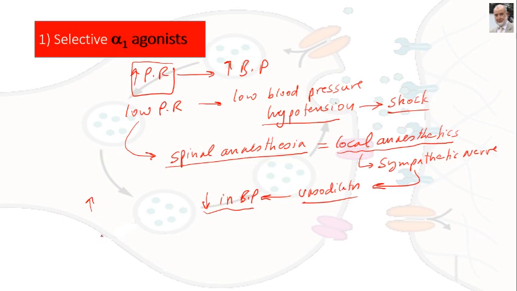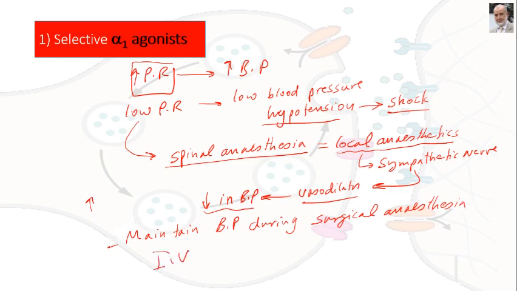Also, they are used to maintain blood pressure during certain surgical anesthesia. Of course, these are intraoperative, and usually they are used by intravenous injection.